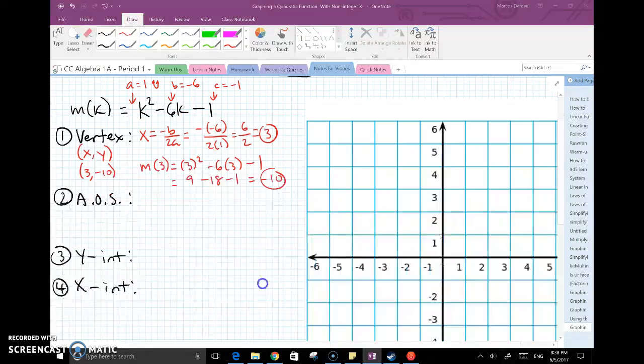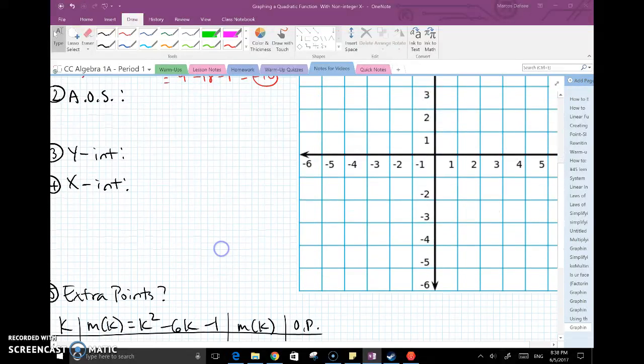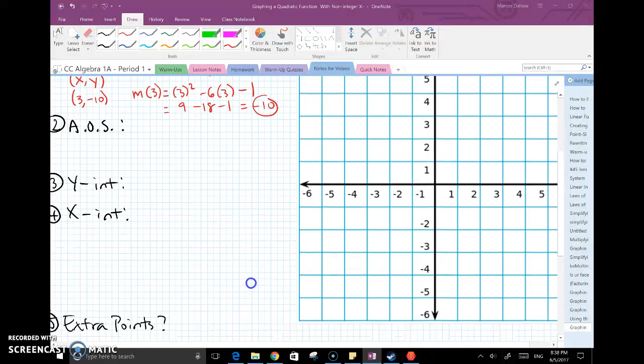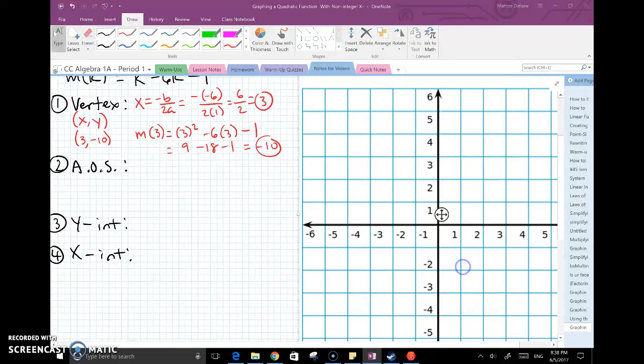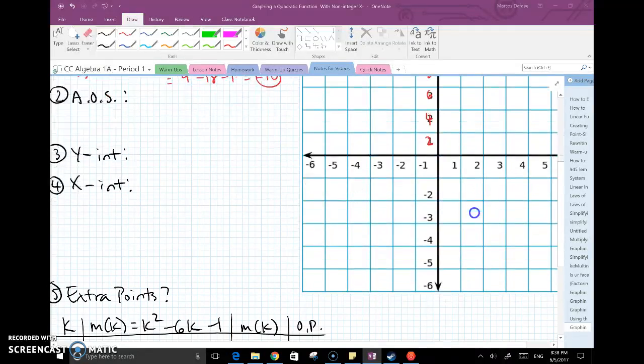Now, as you can see over here, my space is rather limited, so I'm going to have to change this just a bit. Instead of numbering this by ones, I'll have to number them by 2. So this will actually be 2, 4, 6, 8, 10, 12, and similarly this will be -2, -4, -6, -8, -10, -12.